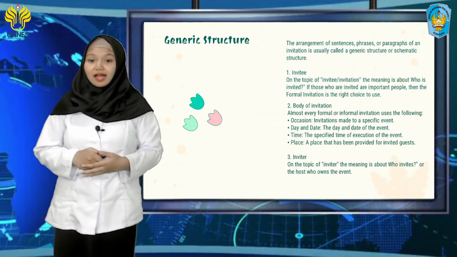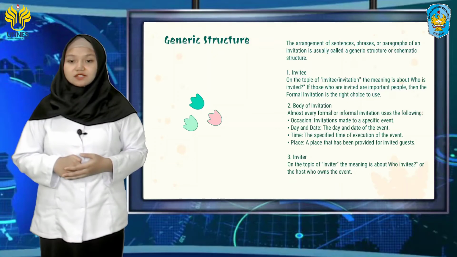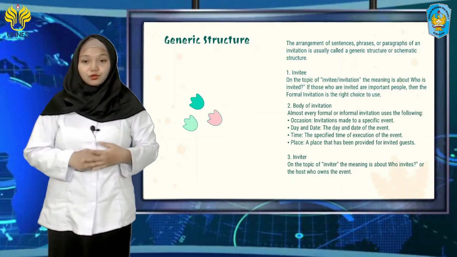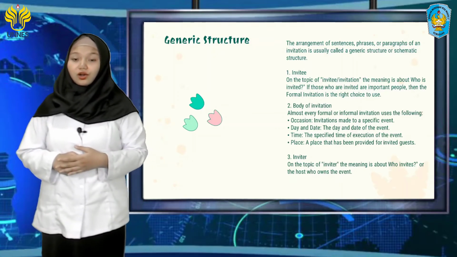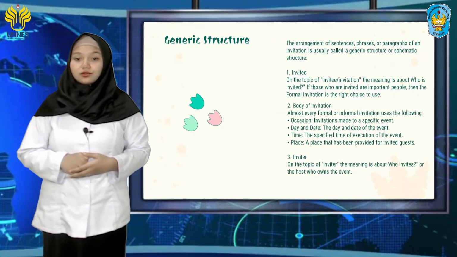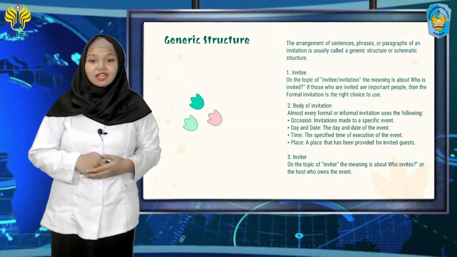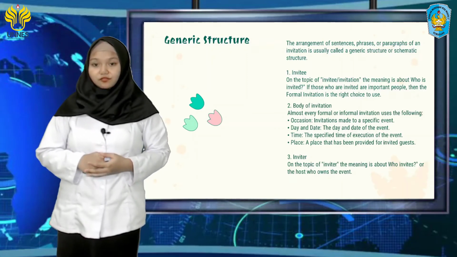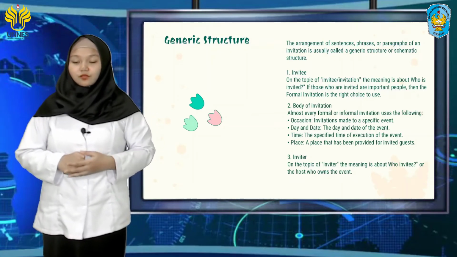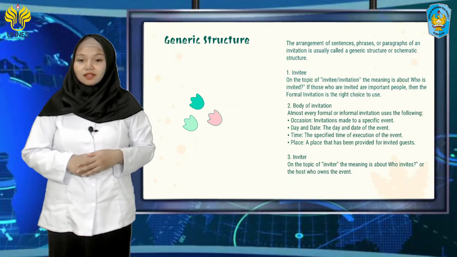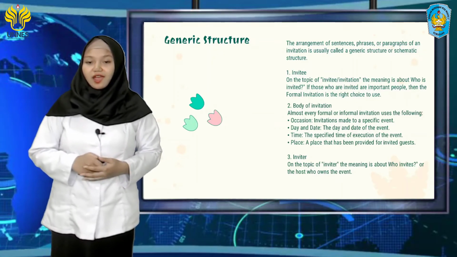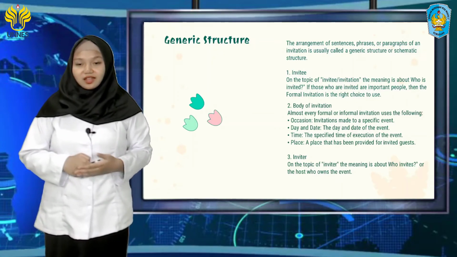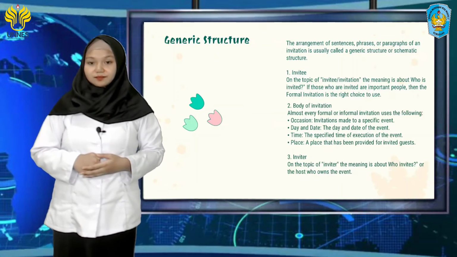And then time, you could be specific, just 3 a.m. until 4 a.m. for example, or you could simply write 3 a.m. or 3 p.m. It's up to you. And then the place. Of course, place is also important. For example, at UNES or at SMA Negeri 7 Semarang or anywhere.